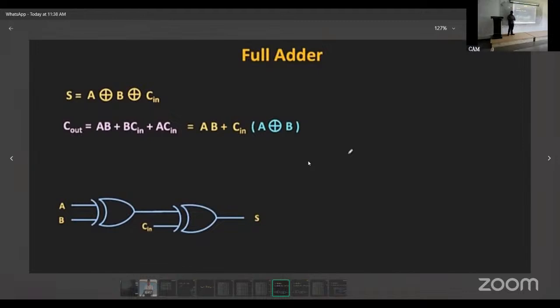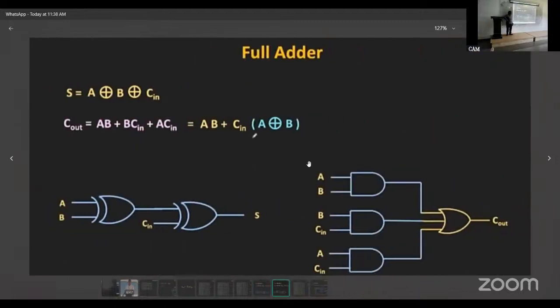Next, the carry output. So here this is the sum output, and this is the carry output. See here, AB plus C in times (A exclusive OR B). If you do this, you will get the carry output.